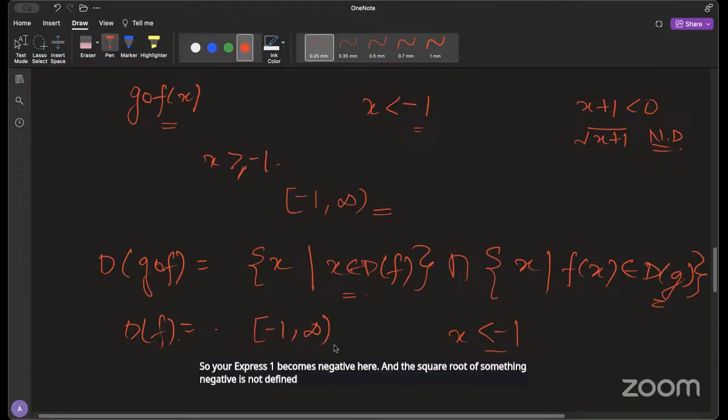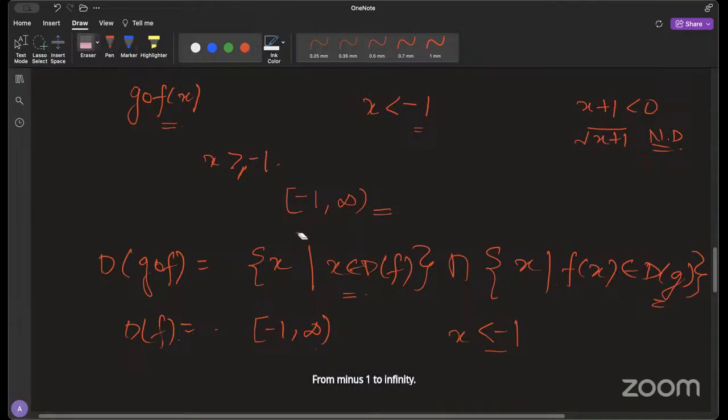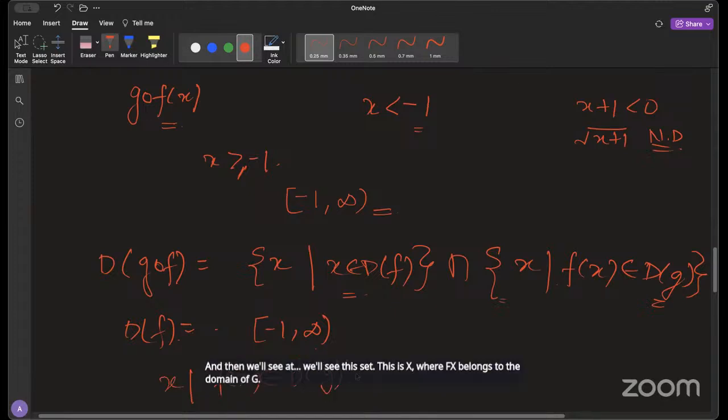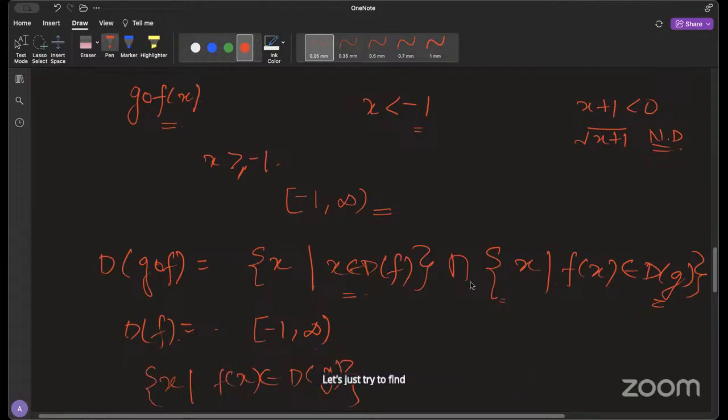That is why the domain of f is from -1 to infinity. And then we'll see this set, x where f of x belongs to the domain of g. Let's try to find all of it.